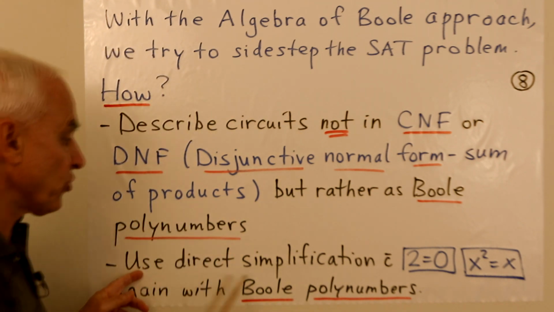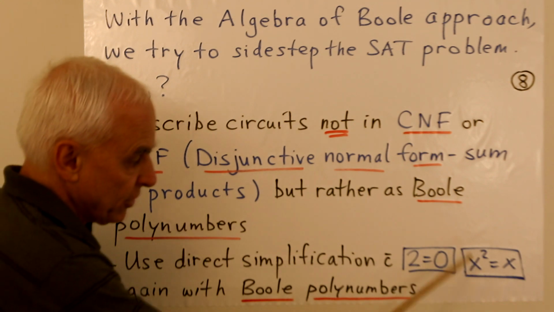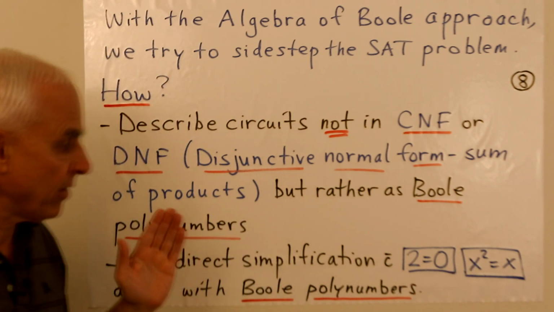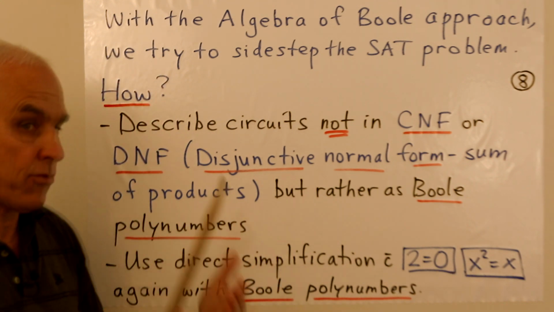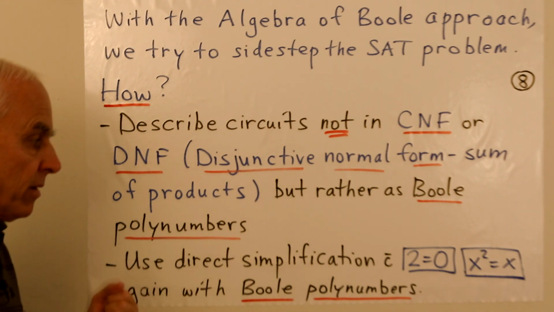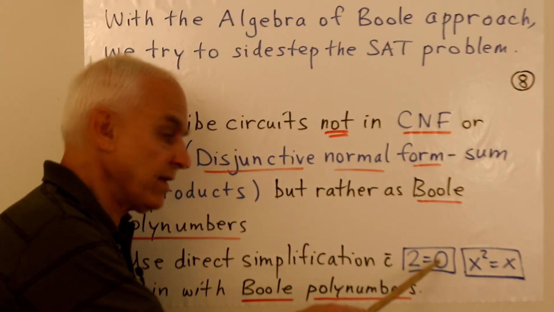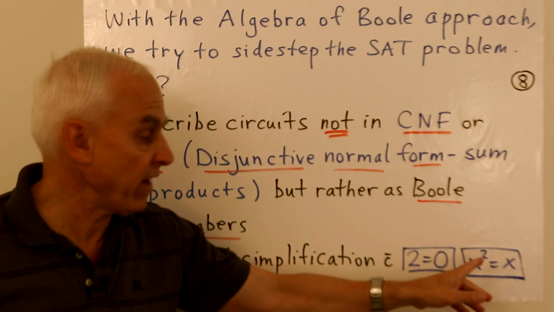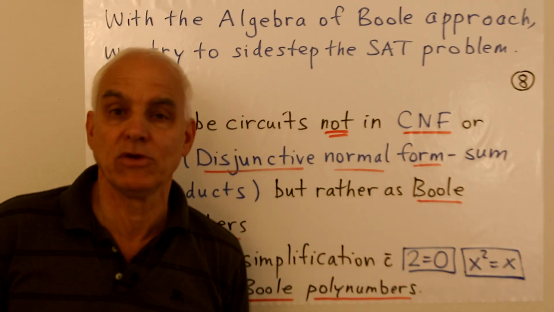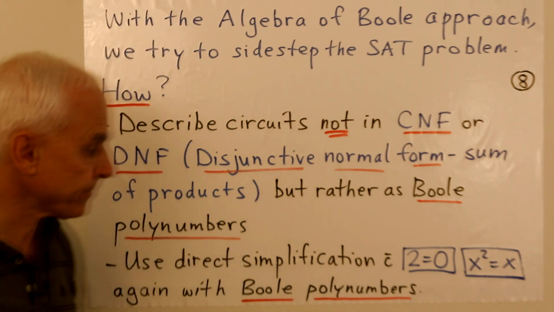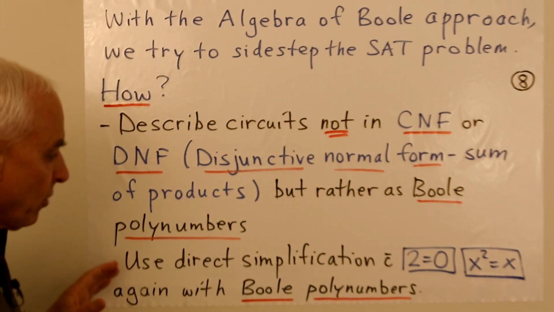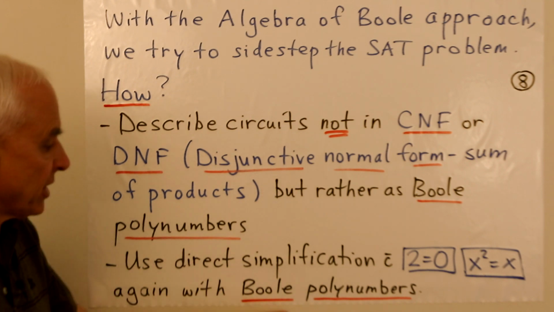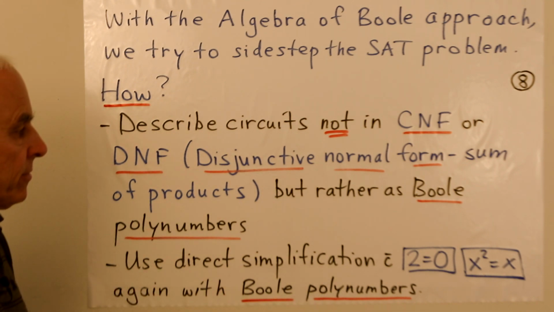And we're going to use direct simplification. Here are the two crucial properties that we use in addition to ordinary grade 9 polynomial algebra: the fact that 2 of anything is 0, and the fact that x squared, or indeed any higher power of x, is always immediately reducible to x. So again, we work with these simplifications in the context of Boole polynumbers.